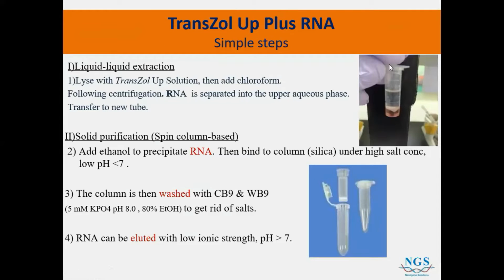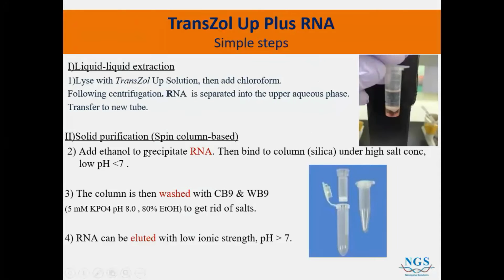Transo Up Plus RNA includes two simple steps. The first step is liquid-liquid extraction. We just lyse our sample using the Transo Up solution, and then we add chloroform. After we centrifuge, the RNA will be separated into this upper aqueous phase, as I mentioned earlier. And we transfer this aqueous phase into another new tube.